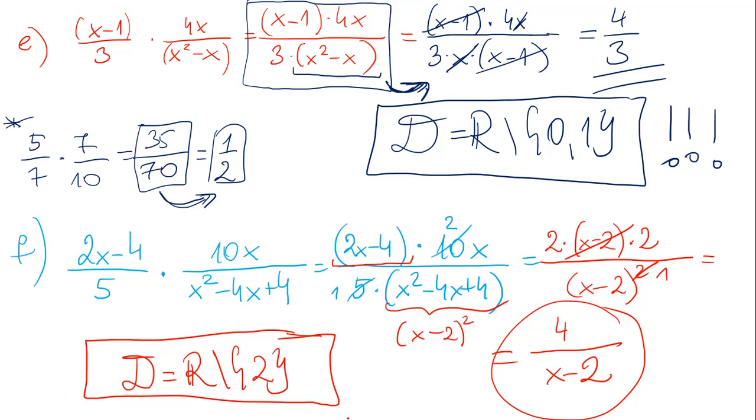We have to remember only about flipping the other fraction. So division is the same. So let's write rules for multiplication of algebraic fractions.